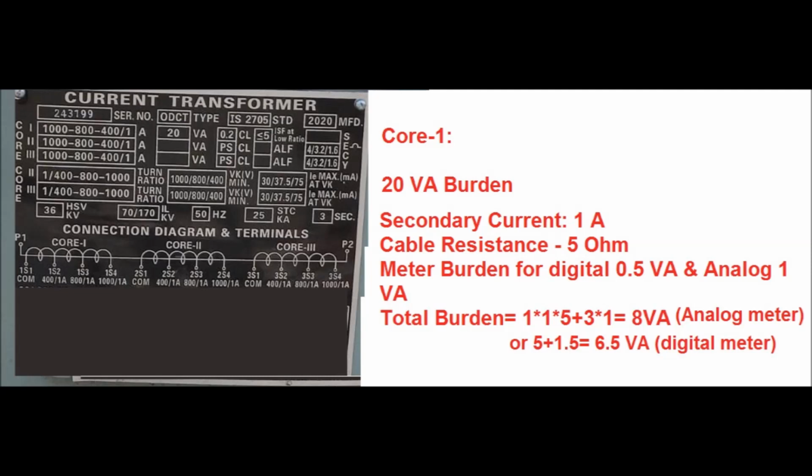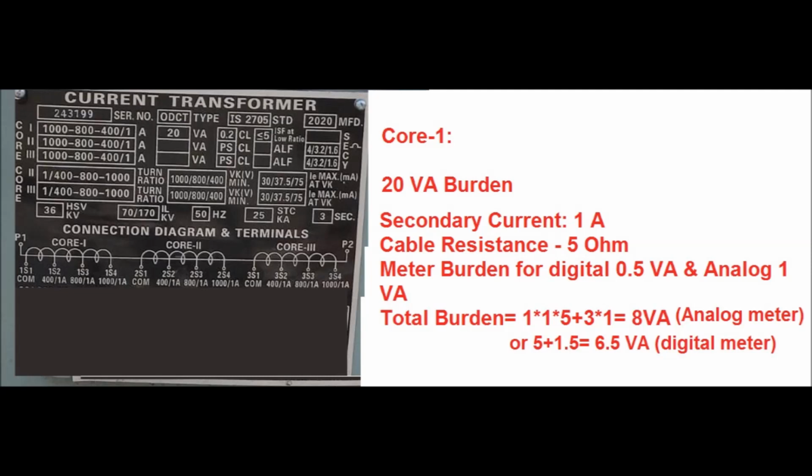So what is the burden and how is the burden of the CT secondary calculated? For calculating the burden of the CT secondary, we should take the CT secondary rated current, which is 1 ampere. The burden means the load connected in the secondary side of the CT.